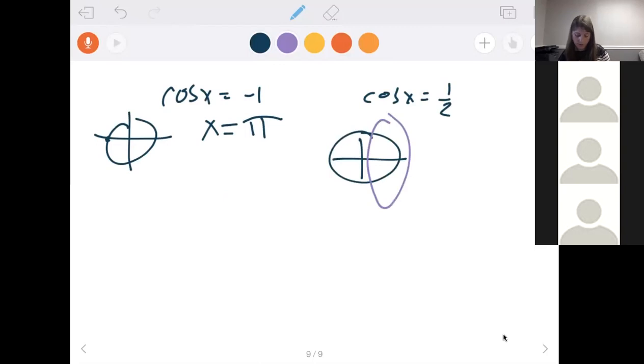And then hopefully we remember, while looking at our unit circle, that the angle we should be looking for is pi over 3 in the first quadrant, and negative pi over 3 in the fourth. But instead of negative pi over 3, we can go ahead and say 5 pi over 3. Okay, so let's take a look at checking these between 0 and 2 pi, and then we'll write our generals.